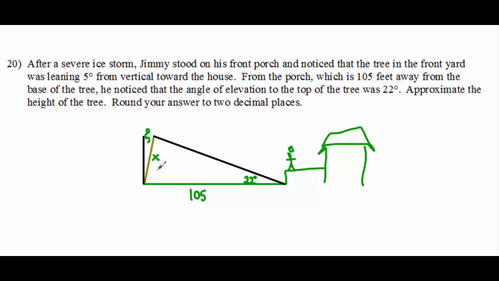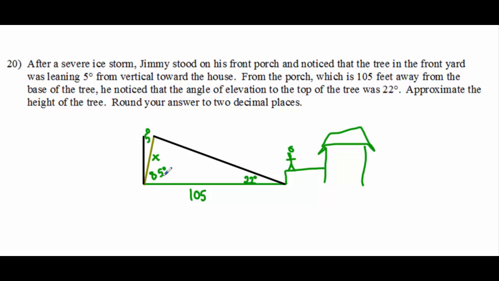The problem is I need one more piece of my triangle. I know that this is 5 degrees outside. Together these have to be 90, so this makes 85 degrees. Then I look at this and say, this is not a right triangle, which means I'm not going to be able to use SOHCAHTOA. I'm going to have to use either the law of sines or law of cosines.